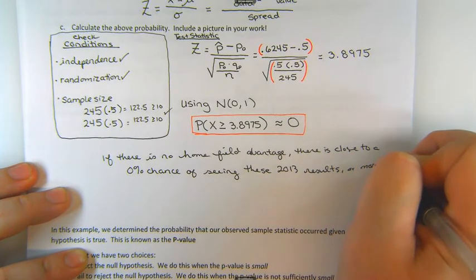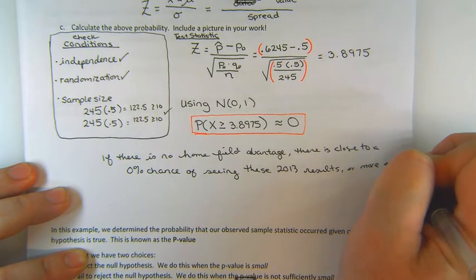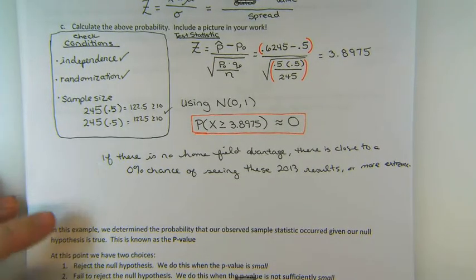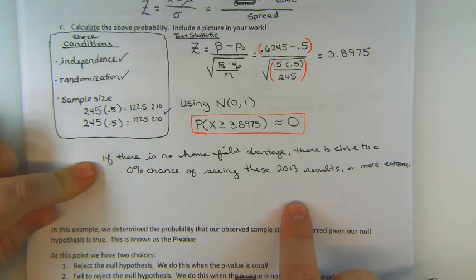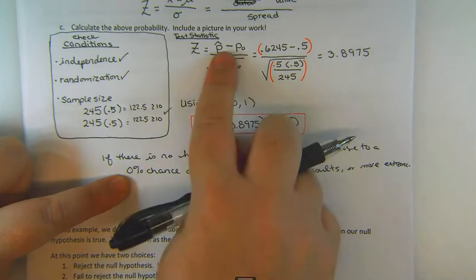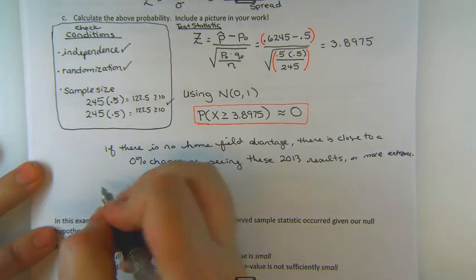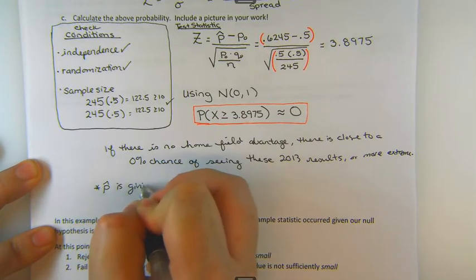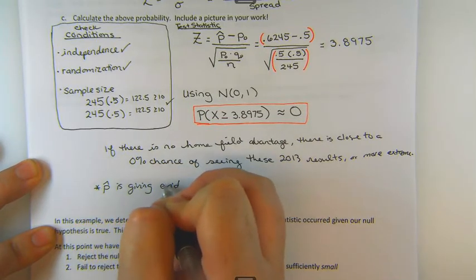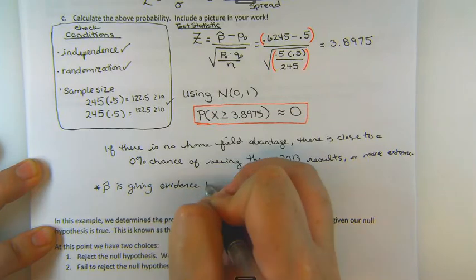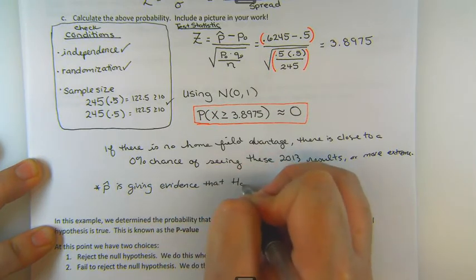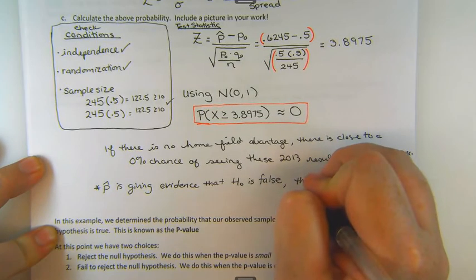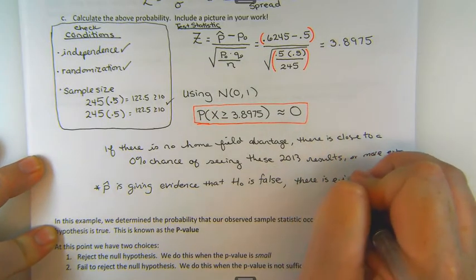Again, that probability we're finding shades to the right, so it's seeing a proportion that large or even larger. So if there's this pretty much 0% chance of seeing that sample statistic, that means our sample statistic, p hat, is giving evidence that our null hypothesis is false, and we're getting evidence that the alternative is true.